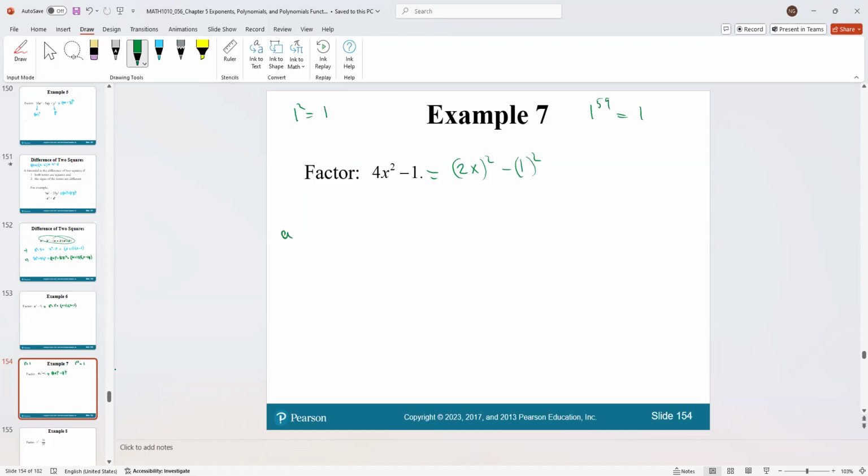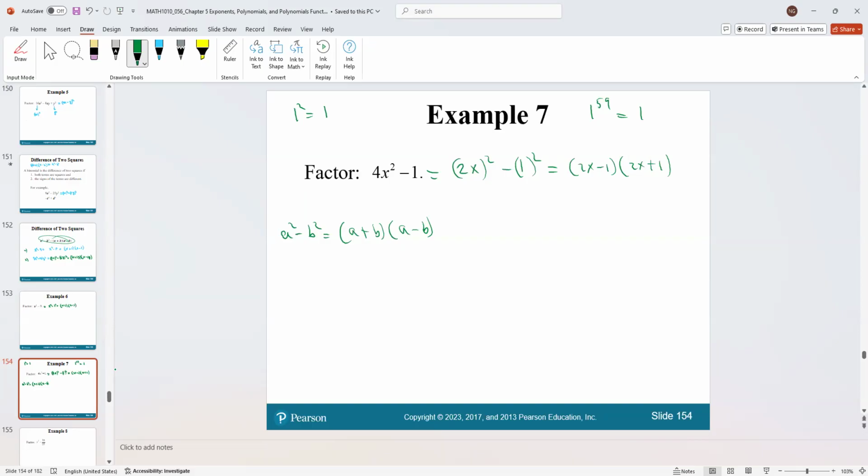Remember, every time you have a squared minus b squared, you can factor it as a plus b times a minus b. So in this one, it would be 2x minus 1 times 2x plus 1. Multiplication is commutative, whether you say 2 times 5 or 5 times 2, it doesn't matter. The answer would always be the same.